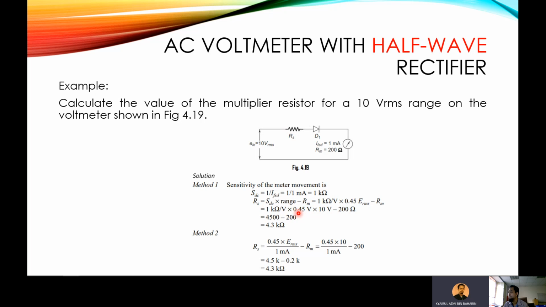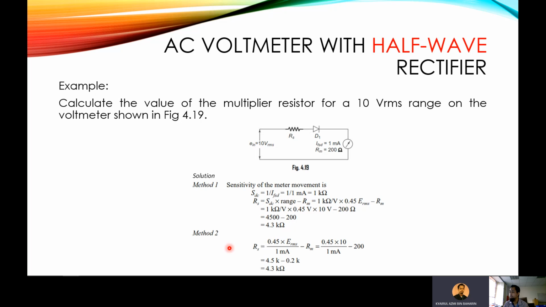The range is actually 0.45 times 10 volts, because it's 45% of 10 volts. Then you subtract the meter resistance, which is given as 200 ohms. So you get 4,500 minus 200. The value of the multiplier resistance you need to put here is equivalent to 4.3 kilo ohm.